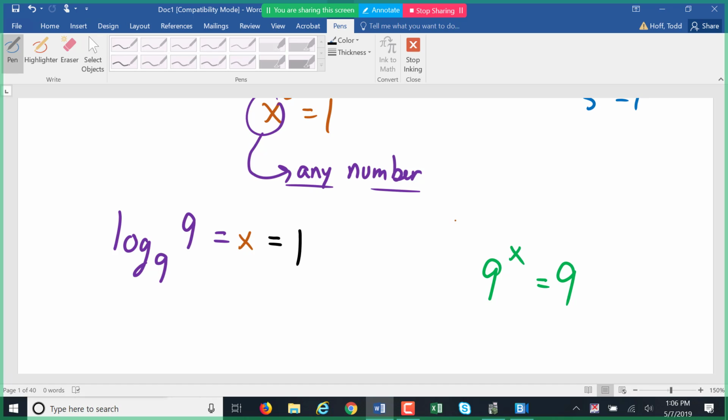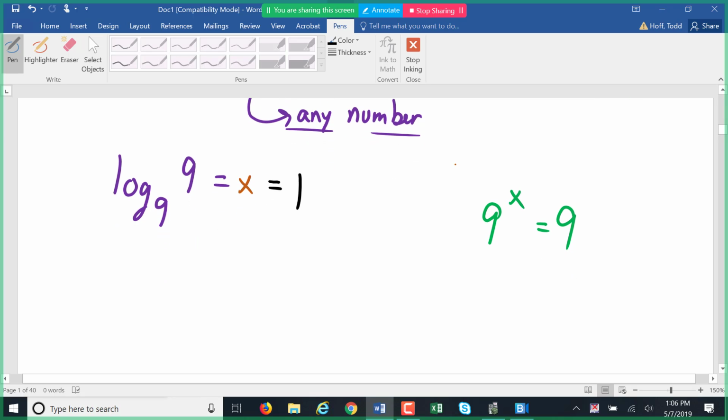It gets kind of confusing because what the ones do and what the zeros do with the powers kind of overlap in your thought process. But log base x of x is always 1. If the base of the log and the object of the log are the same, the result is always going to be 1.